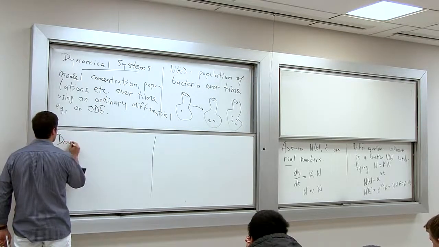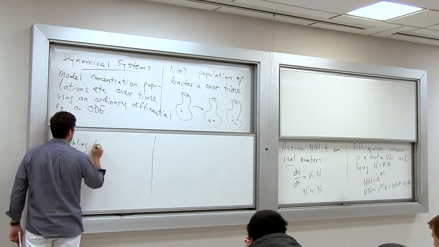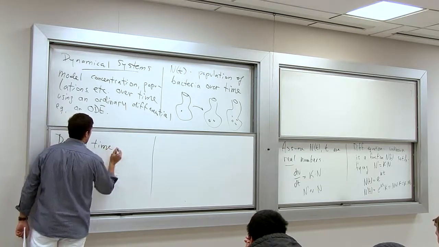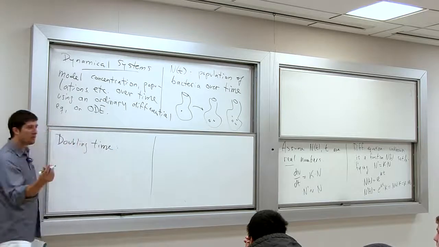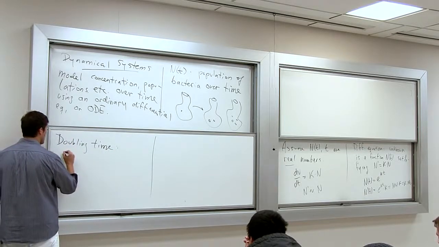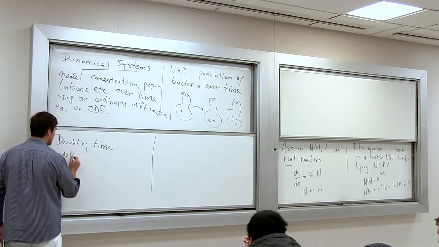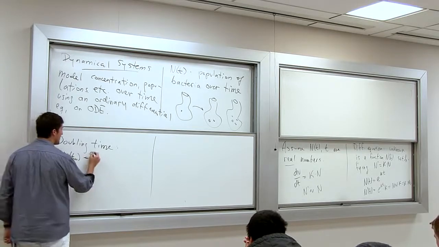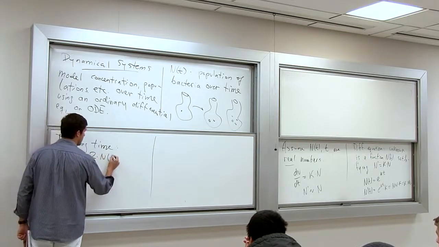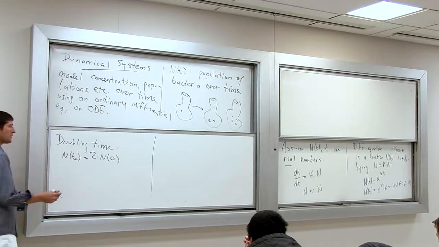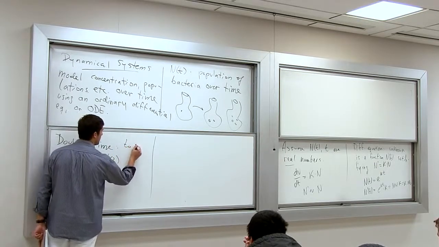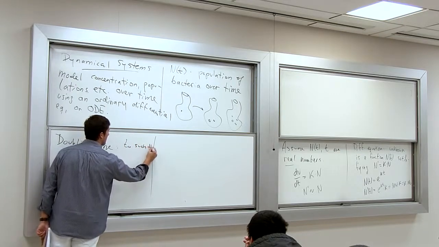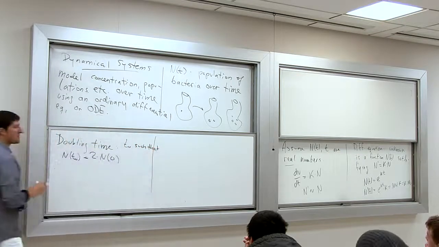So doubling time, this is the time that it takes for the bacteria to double, of course. So suppose that n of t0 is equal to 2 times n of 0. Okay, we want to find t0 such that this condition is satisfied.